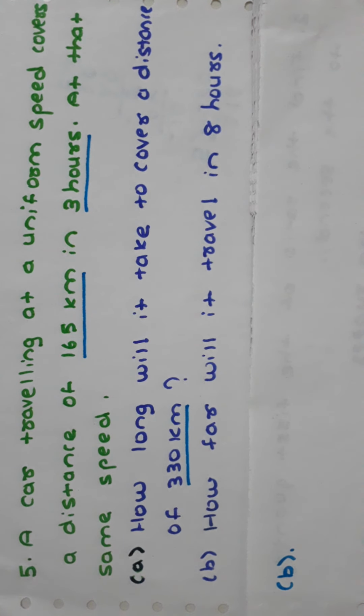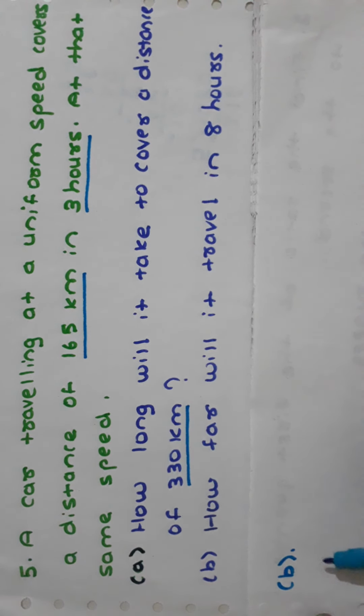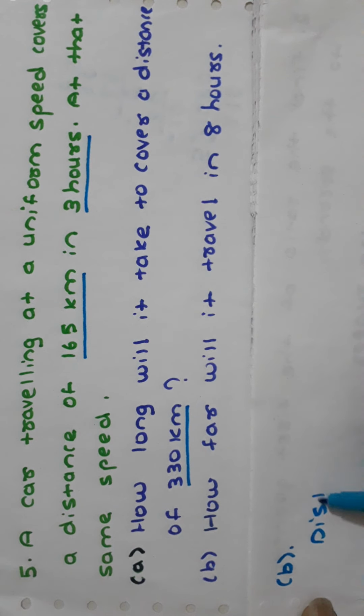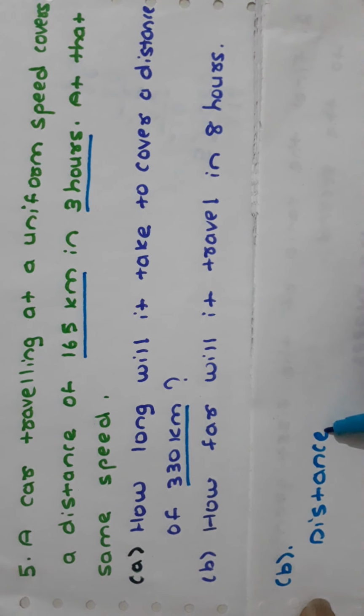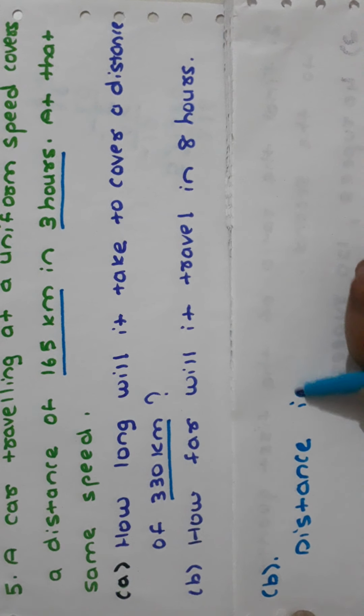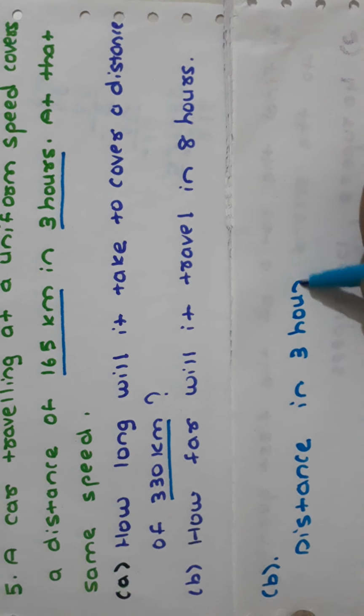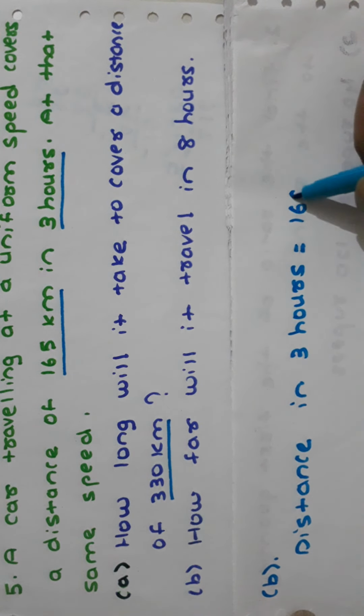The second question, part B, how far will it travel in 8 hours? So that means here we will find the distance covered in 8 hours. Now the only thing we know is that the distance covered in 3 hours is 165 kilometers. So using that fact, distance in 3 hours is equal to 165 kilometers.